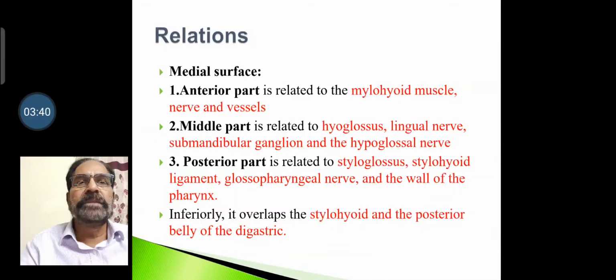Posterior part is related to hyoglossus muscle, stylohyoid ligament, glossopharyngeal nerve and the wall of pharynx. Inferiorly, the submandibular gland will be overlapping stylohyoid and posterior digastric muscles.